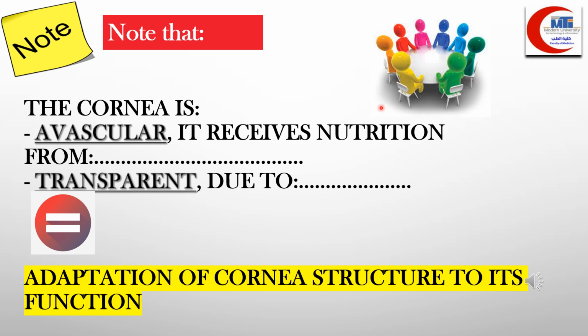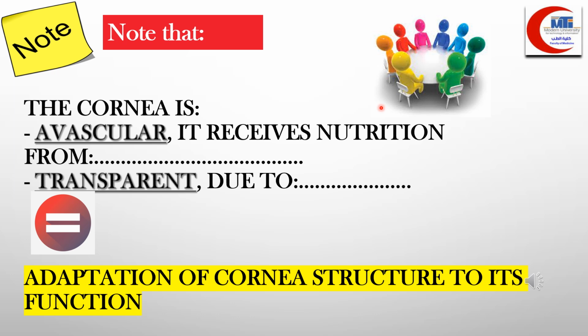Okay, let's now know how the cornea adapts to its function and how the cornea receives the nutrition and the oxygen. The cornea is an avascular structure, so the center of the cornea takes the nutrition from the aqueous humor, while its periphery takes the nutrients from the vessels present in the limbus.